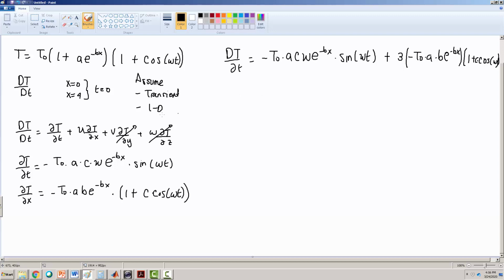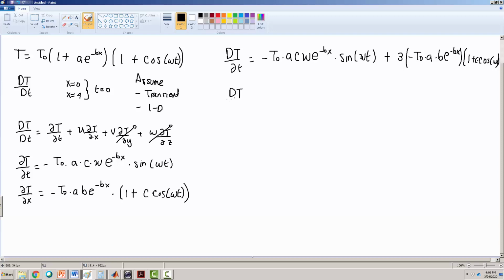Okay, so notice that we're going to evaluate both of them at time equal to 0, so to simplify it, this term will disappear. Cosine of 0 will give you 1, and sine of 0 will give you 0, so these terms will disappear.